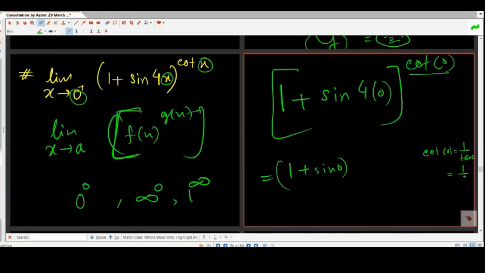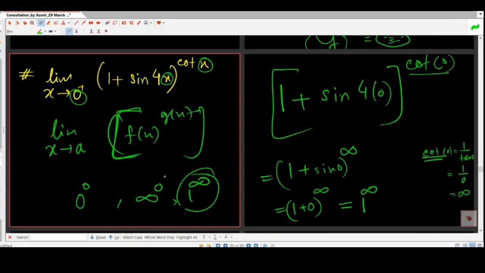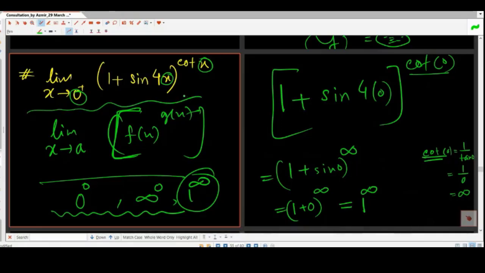Tangent of 0 is 0, and 1 over 0 is infinity. So 1 plus sine 0 is 1 plus 0, that means 1, to the infinity. So out of these types, we have 1 to the infinity. That means it is of type 5. The problem that we have here is of type 5.